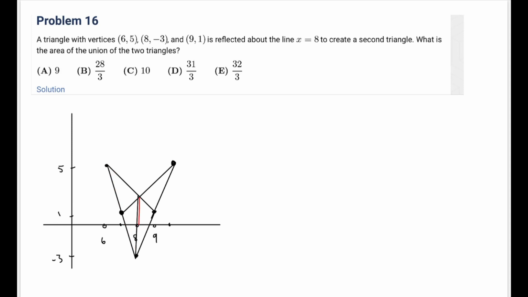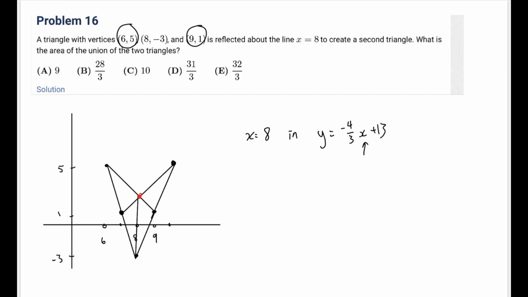So first let's find this length. To find that length we need this point, and for that point we need to find x equals 8 in the graph, this, right? And so that contains (6, 5) and (9, 1), so that is y equals minus 4 over 3 x, and then (6, 5), so this is plus 13.